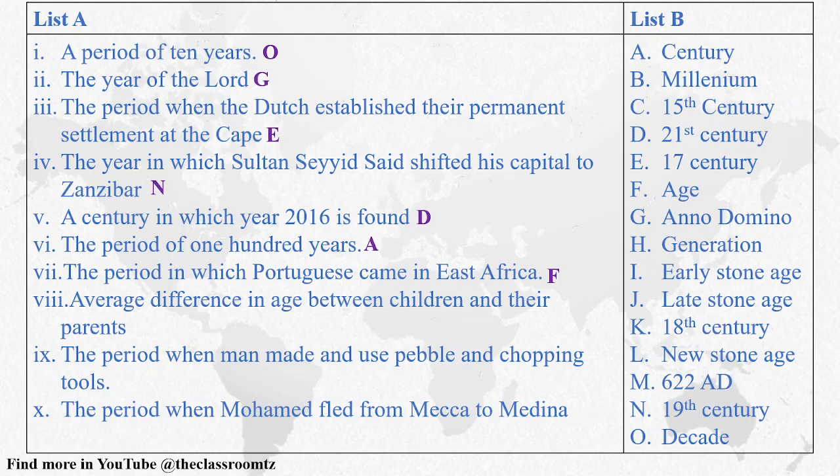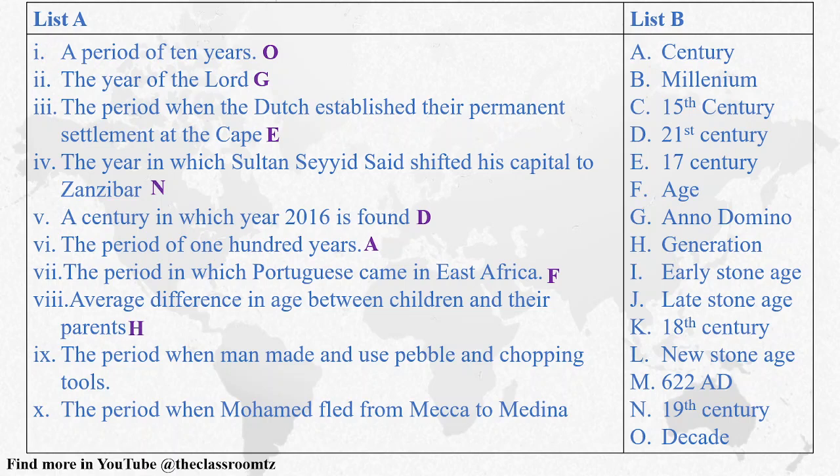The answer is 15th century. That is the answer for when the Portuguese came. Because the Portuguese touched the Cape of Good Hope, South Africa in 1598, if I'm not mistaken. When you divide 1598 by 100, we get 15 plus 1, that is the 16th century.